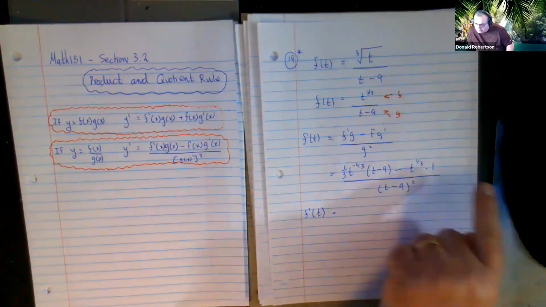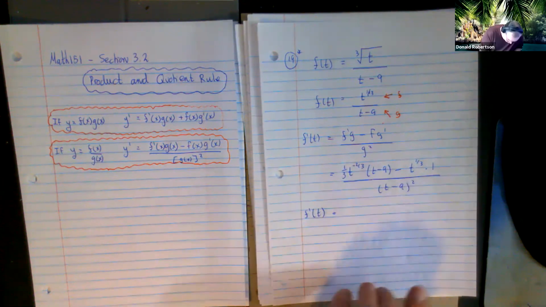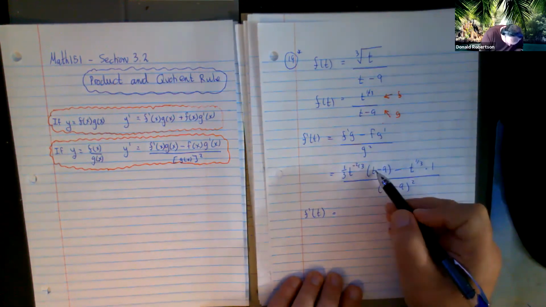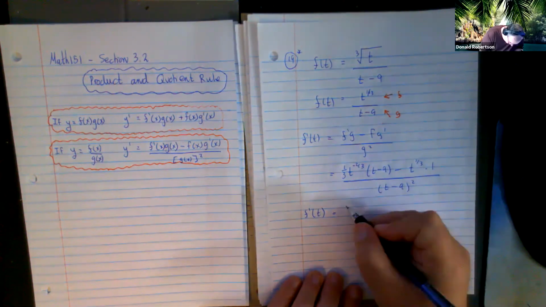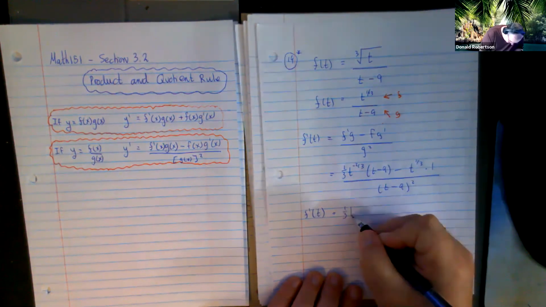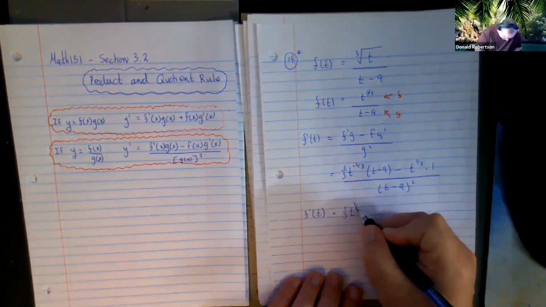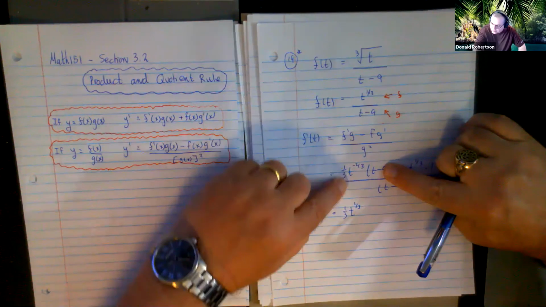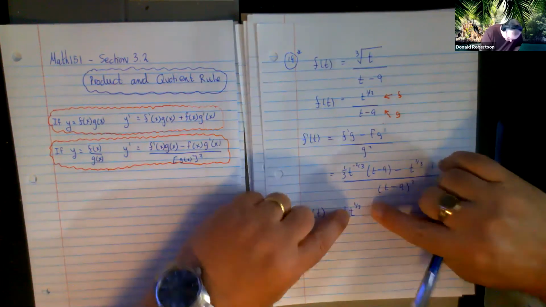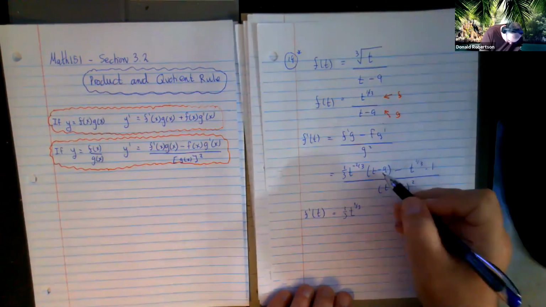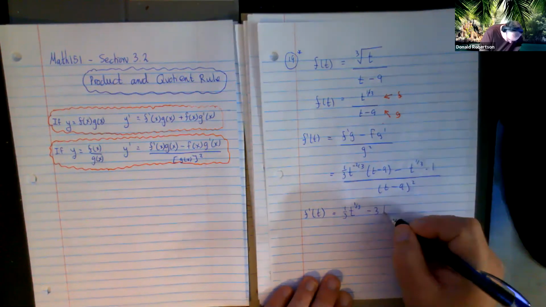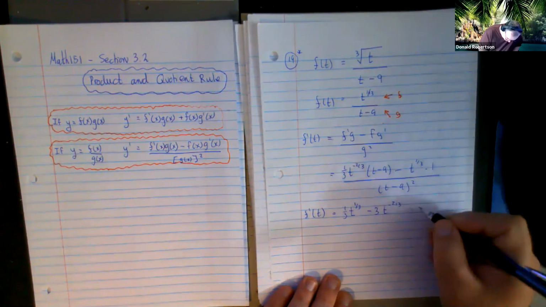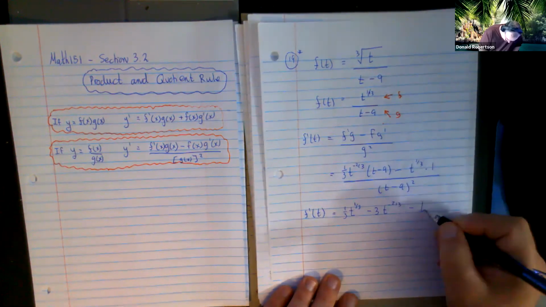I'm going to distribute. 1/3 t to the negative 2/3 times t gets you 1/3 t to the positive 1/3. Are you happy about a negative 2/3 times a t gets you a positive 1/3 power? And this guy times this guy gets you negative 3 t to the negative 2/3. And this guy at the end gets you negative t to the 1/3.